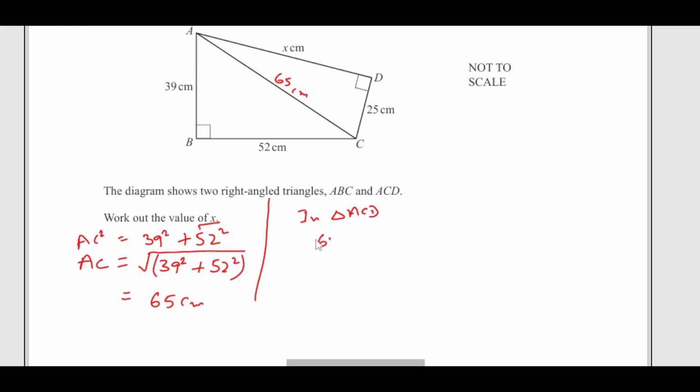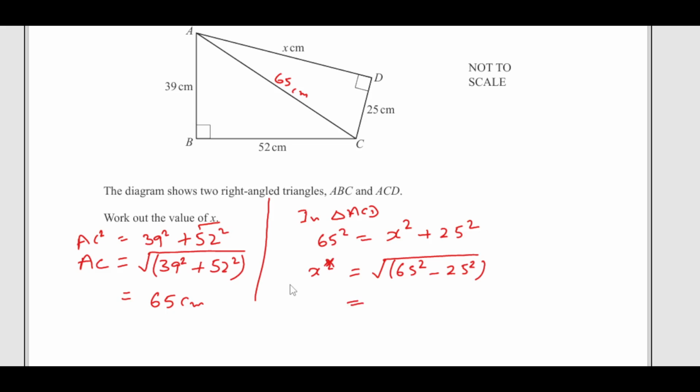So this is going to be 65 squared, hypotenuse will be x squared plus 25 squared. So x squared is going to be 65 squared minus 25 squared, and you need to remove the square from here because we put square root this side.